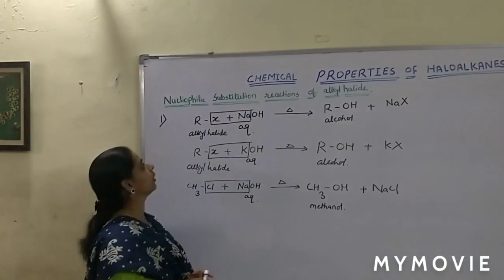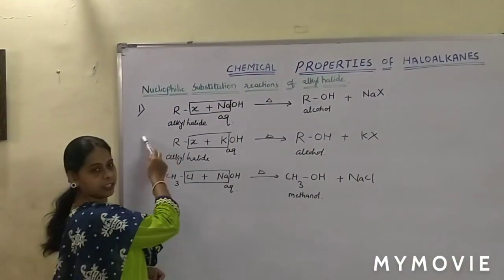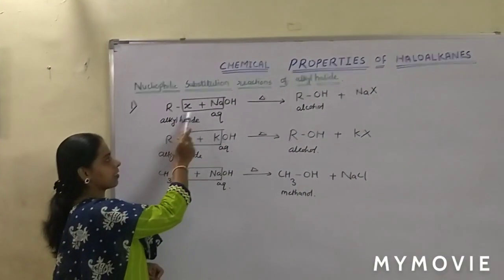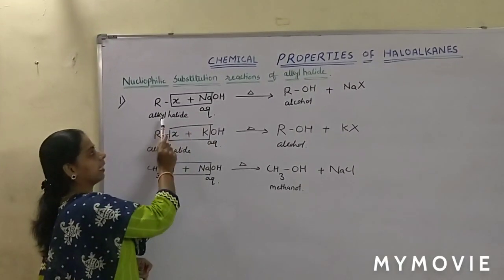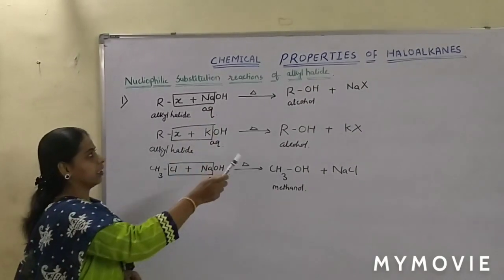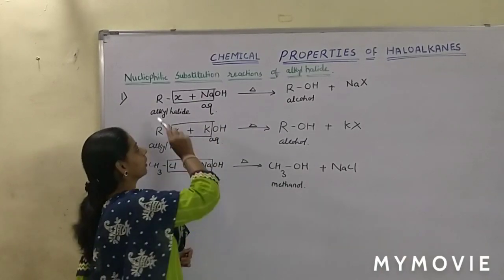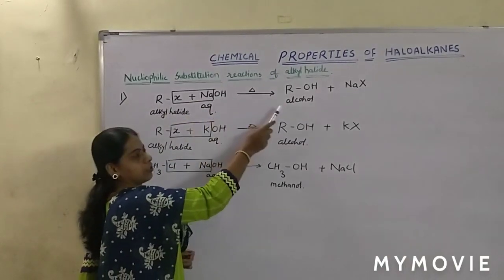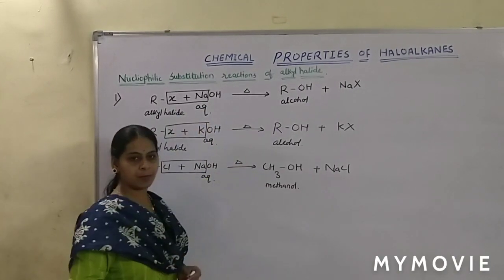Then some nucleophilic substitution reactions of alkyl halide. First reaction is that RX reacts with aqueous NaOH, that is alkyl halide reacts with aqueous sodium hydroxide. The reaction is carried out under heat. So what will be the product? R connected with OH, so we are getting alcohol, and NaX will be the byproduct.